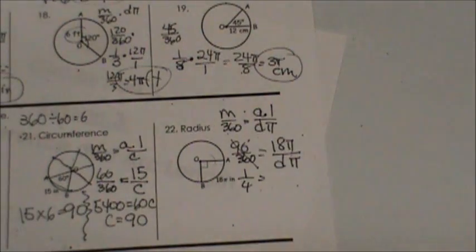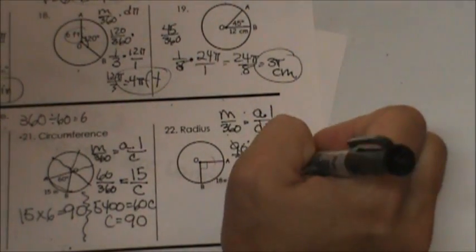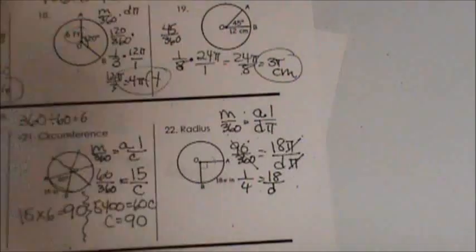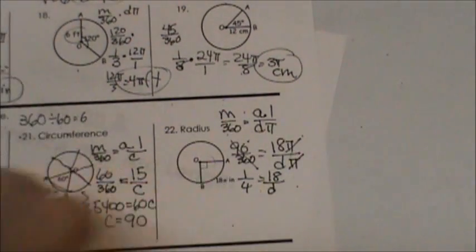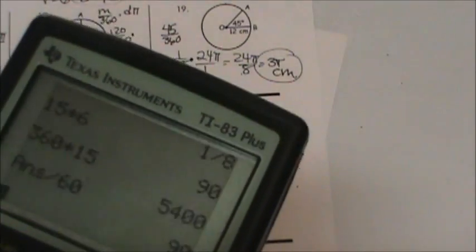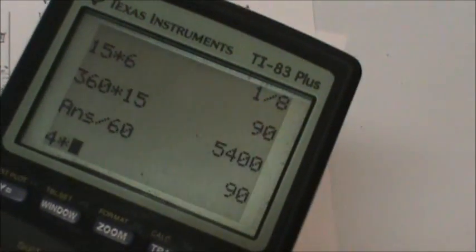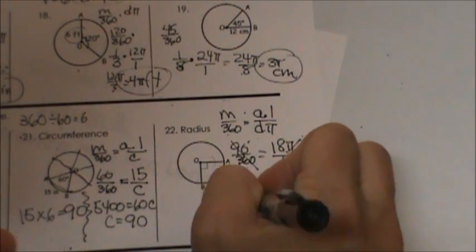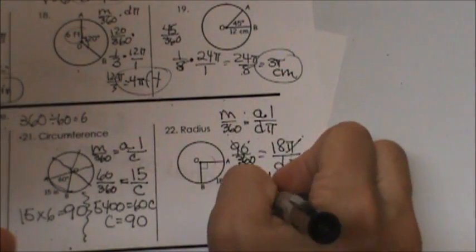You know something? There's something really easy we can simplify there. What can we do? We can cancel out our pi's, can't we? So I just have 18 over diameter. That's kind of nice. Now I can do a cross product. 18 times 4. 4 times 18, I should know that. 72. 72 equals d times 1, or just diameter.